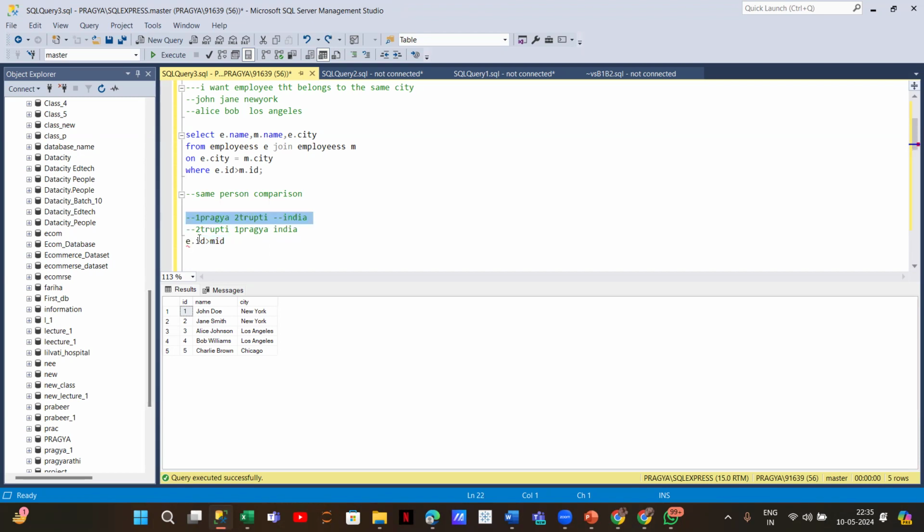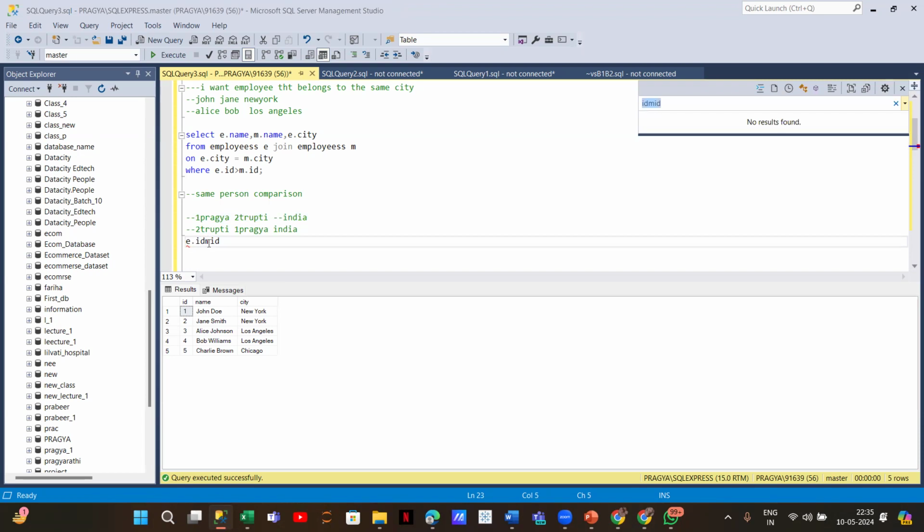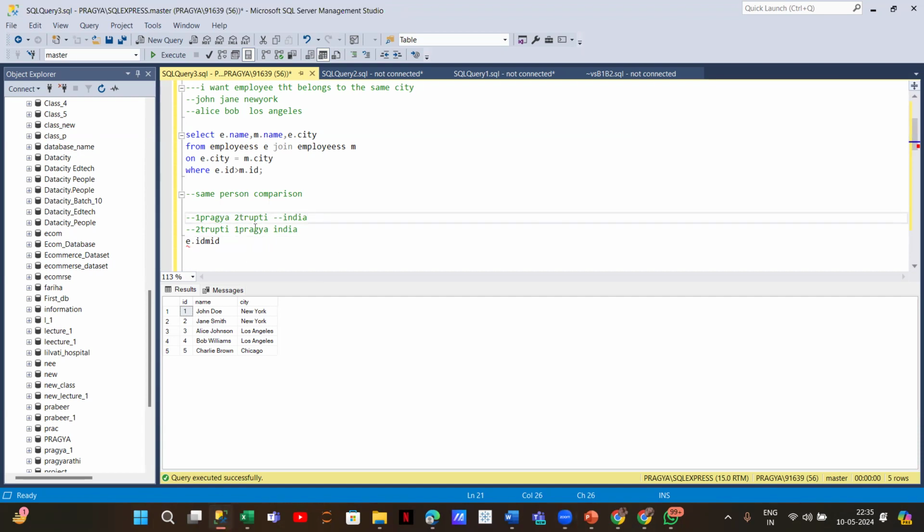If I write in the other way, if I write like that, which row will be removed? First one or the second one? Second one. It doesn't matter which row will be removed.